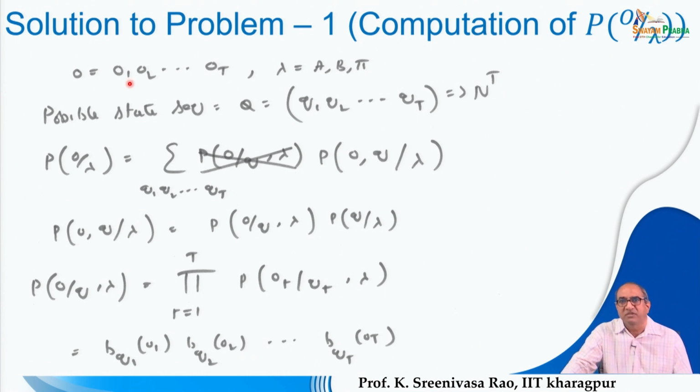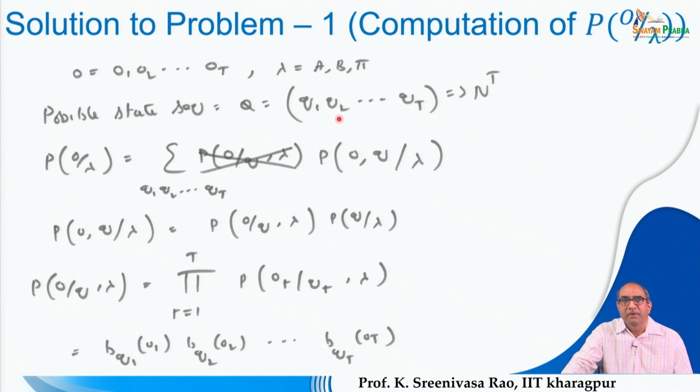So O1 can be obtained from any of the n states. Similarly, O2 can be obtained from any of the n states. Likewise, this observation sequence can be observed from any one of the n power T state sequences.